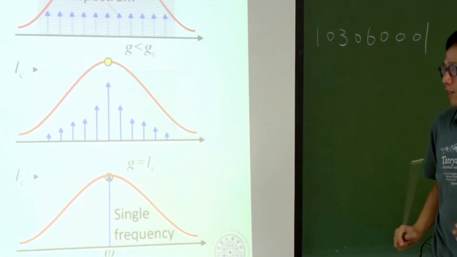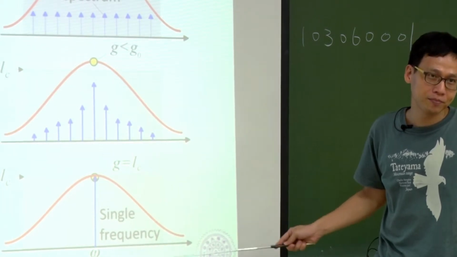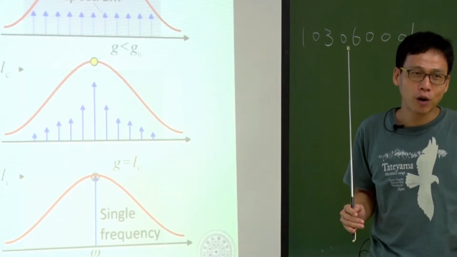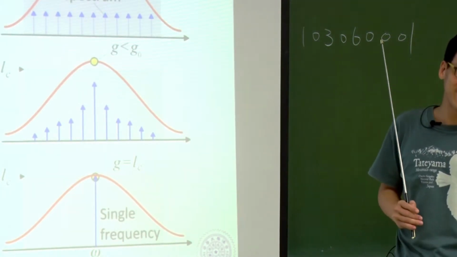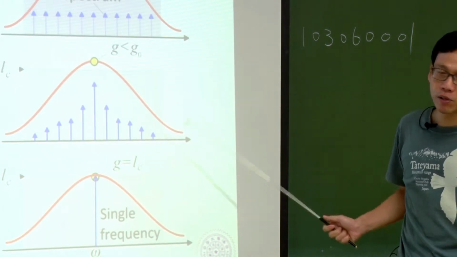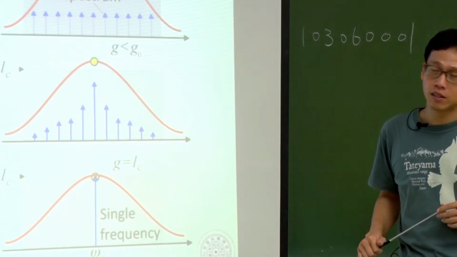That's why in steady state, usually you will see a single frequency only. That's the working principle of CW lasers. Why do you have only one frequency? Because of this. So this is a simplified picture about CW laser dynamics.